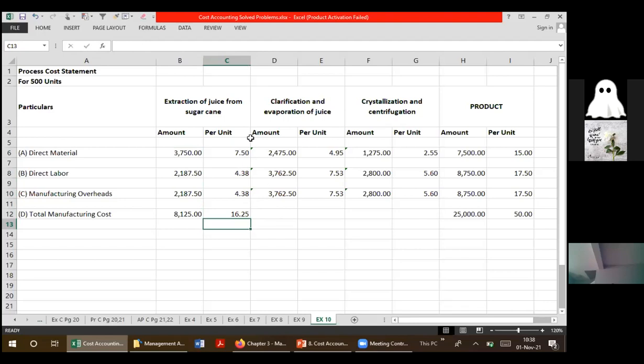Then we add the second process, that is 10,000.